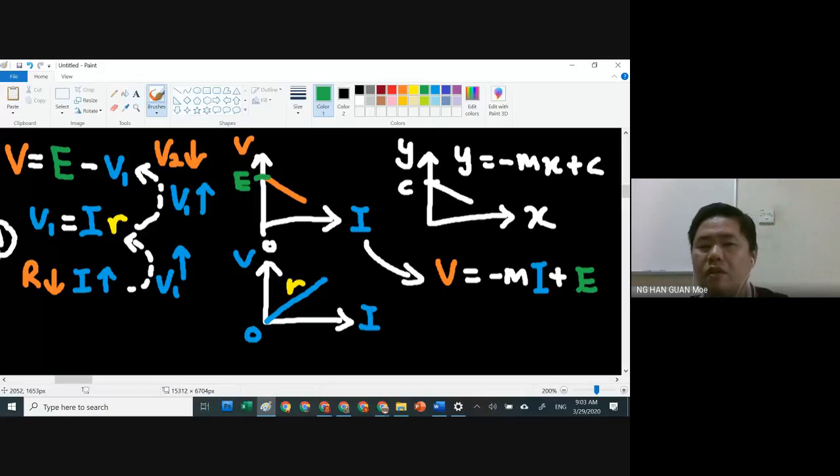So if you rearrange a little bit, then you have V equals E minus r I.